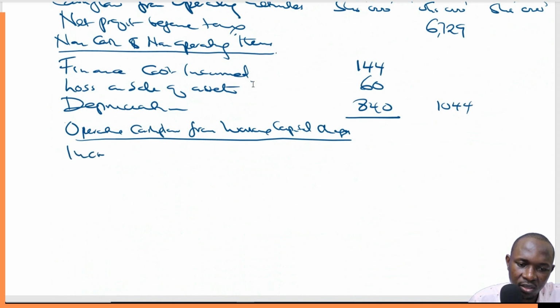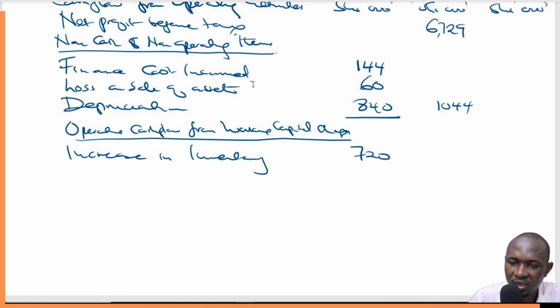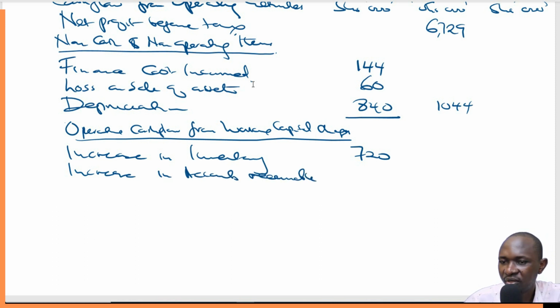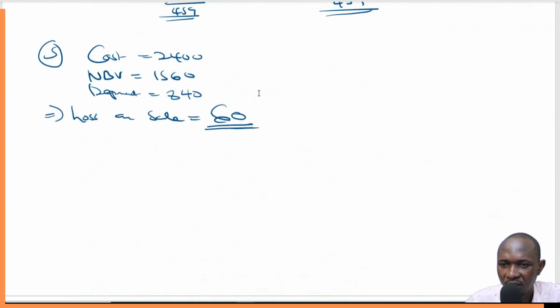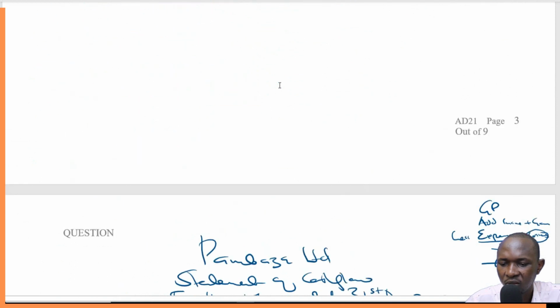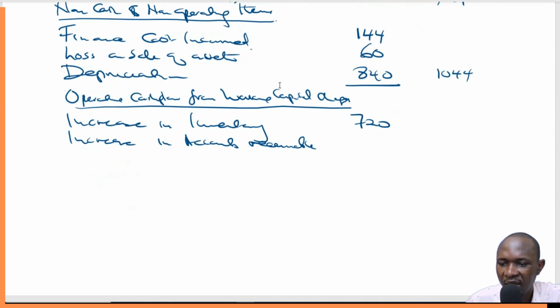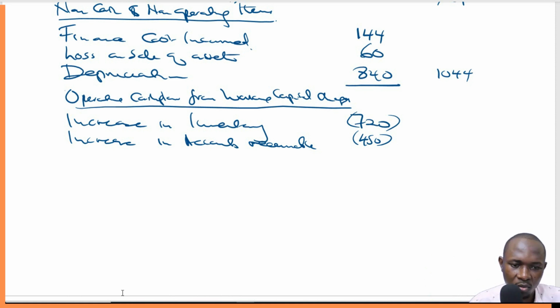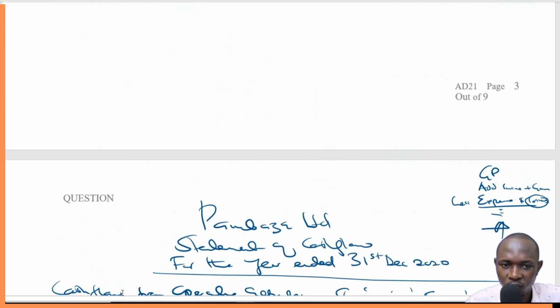Then increase in accounts receivable, the figure is 450. These are equivalent to outflows because this is money that is going out for us to get additional inventory, or the debtors are holding more of our cash with them.